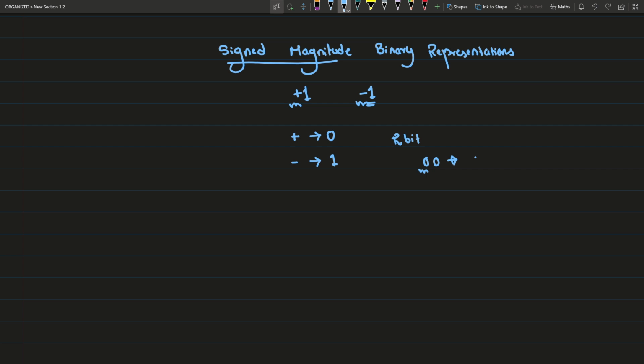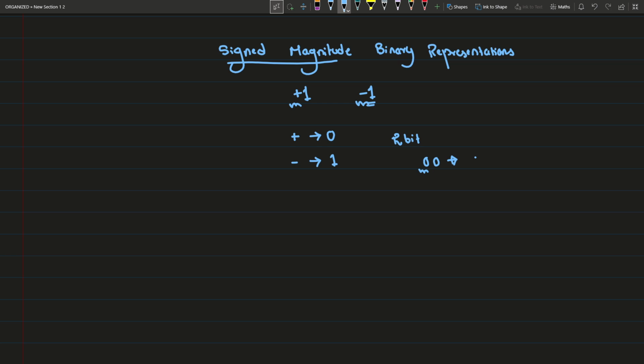I can represent minus (2 power 2 minus 1, minus 1) to (2 power 2 minus 1, minus 1). So 2 power 1 is 2, minus 1 is 1. It is actually minus 1 to plus 1.